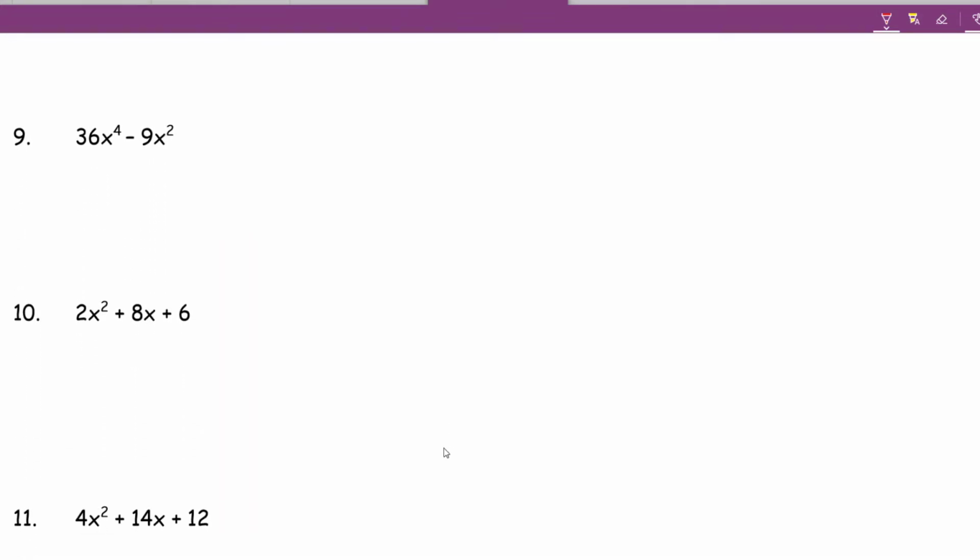So question 9. Now again, this is the difference between two squares, if you look carefully. So the square root of that is, let's just write this down. It looks really complicated, but actually when we start doing this, it's not too bad.